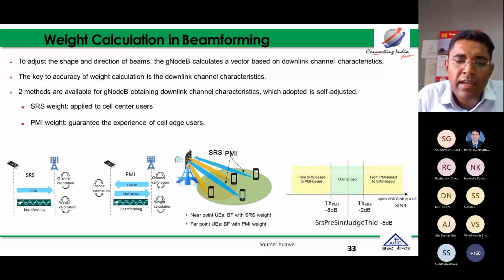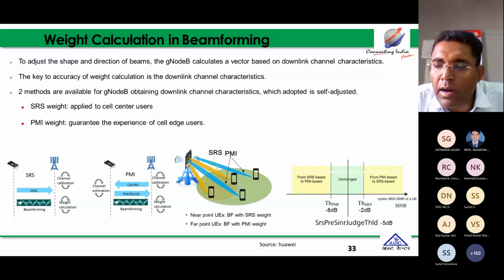And the selection between SRS and CSI-RS is used depending upon the uplink SRS pre-SINR threshold level. There is a threshold level.